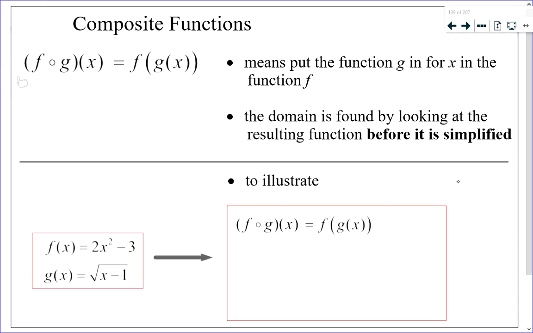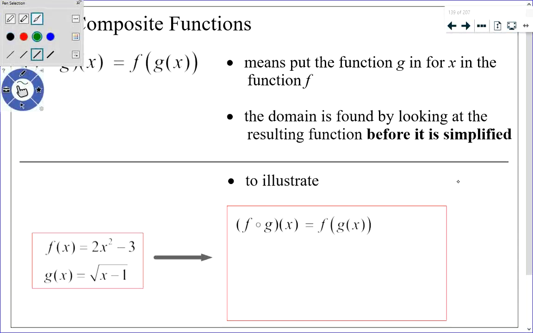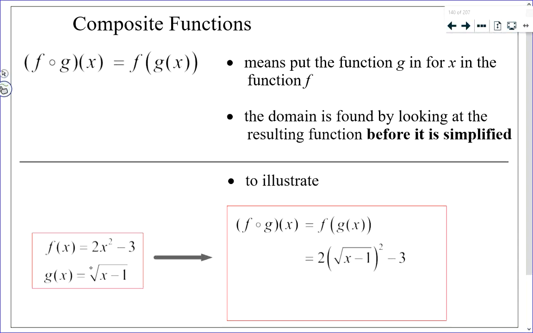To illustrate this, I'm just going to draw that in. It means that this thing here is going to go right in there, and then we're going to end up squaring it. So we're going to get 2 times the square root of x minus 1 quantity squared minus 3. Now at this point in time, when we square the square root of x minus 1, we'll just get x minus 1.